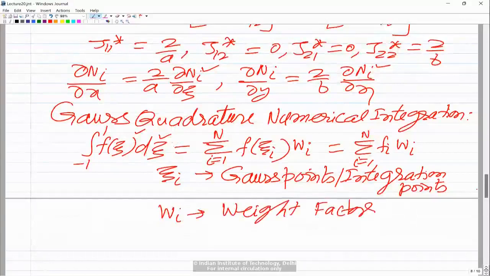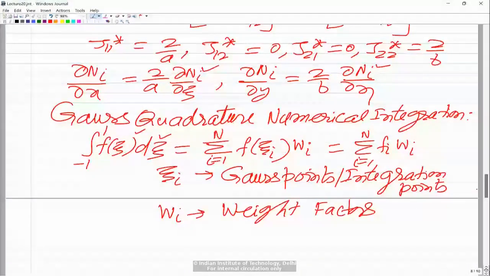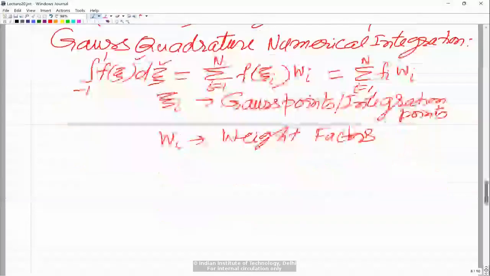So this is how we evaluate the integral in numerical integration. And why am I teaching this? Because this numerical integration is used to evaluate the element level coefficient matrix and the load vector, etc. So that is why we are studying this.